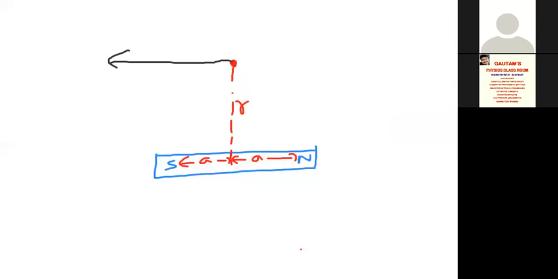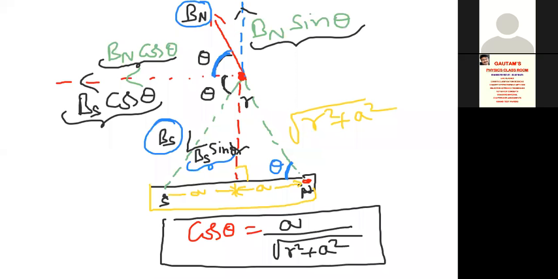Two things are there: one is Bn cos theta, the other one is Bs cos theta. In the diagram, the other things I found are Bn sin theta upward and Bs sin theta downward. I'm taking only those things now in the diagram.